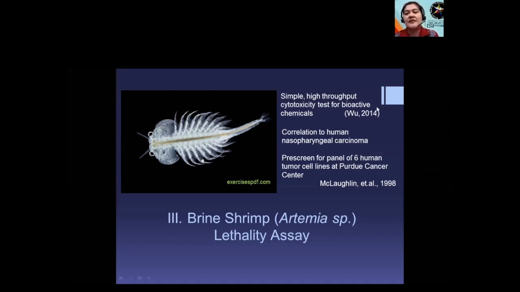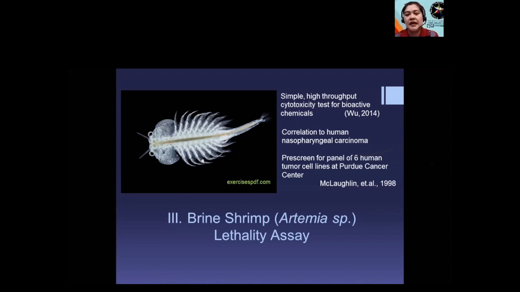Okay? And then, for other studies naman, they make use of the brine shrimp lethality assay for cytotoxicity testing. Ano naman yon? Ang implications ng cytotoxicity testing is meron kang substance, gusto mong i-test kung ito ay may effect sa isang particular type of cell.